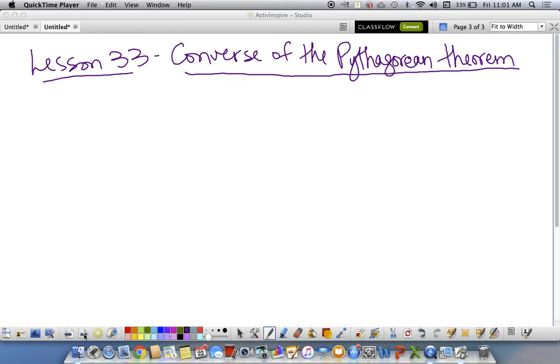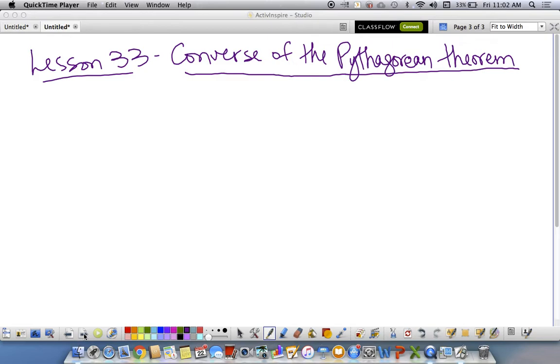So on page 212, when we read theorem 33-1, it says, if the sum of the squares of the two shorter sides of a triangle is equal to the square of the longest side of the triangle, then the triangle is a right triangle. They don't even use the words legs and hypotenuse, right? Because legs and hypotenuses are only in right triangles.